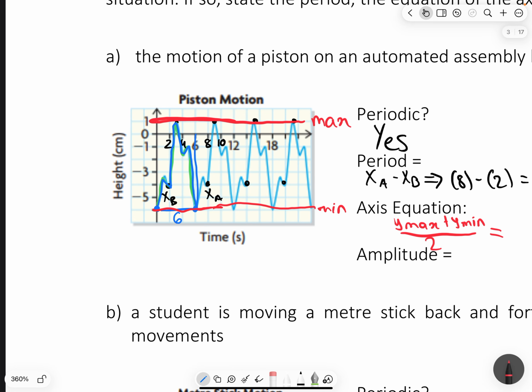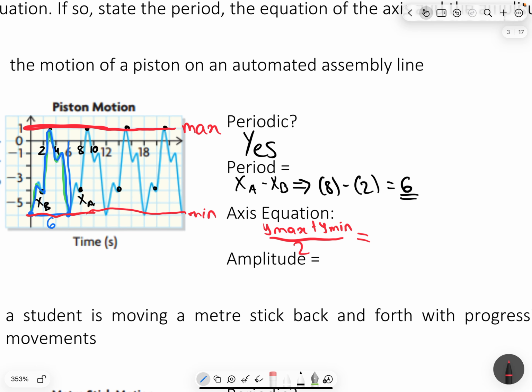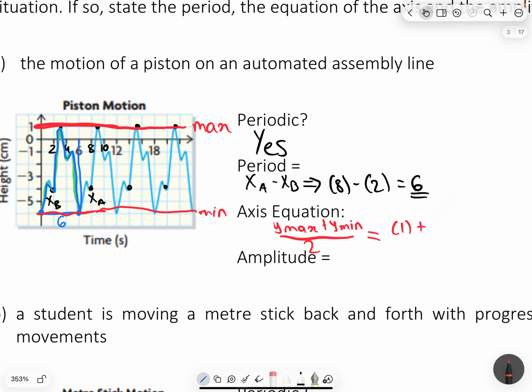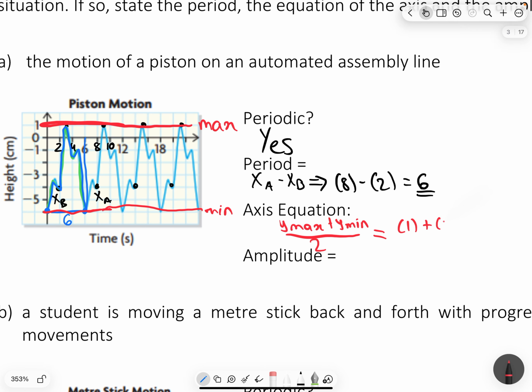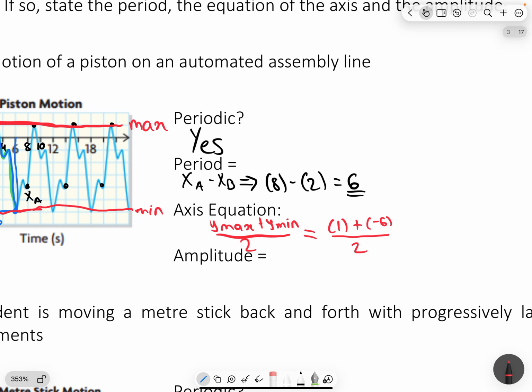Now we can substitute these values in. So this is going to be 1 plus -6 over 2. This becomes -6 plus 1 over 2, which becomes -5 over 2, which is -2.5.